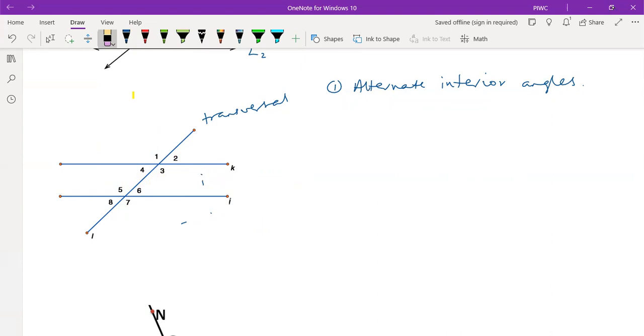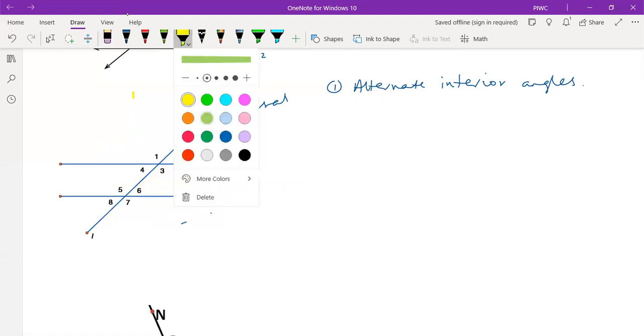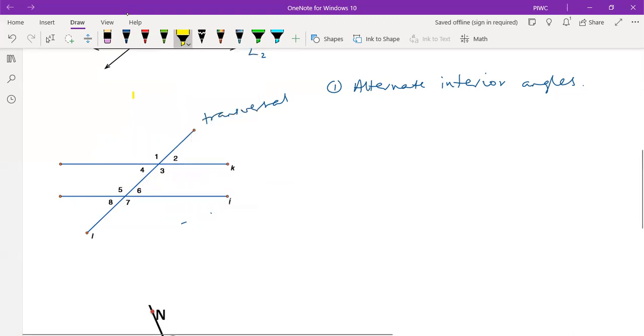So let's identify the alternate interior angles. If I take angle 4, interior, and then angle 6, those are the interior angles, right? But because they are on either side of the transversal, we say they are alternate angles. So angle 4 and 6 are alternate interior angles.